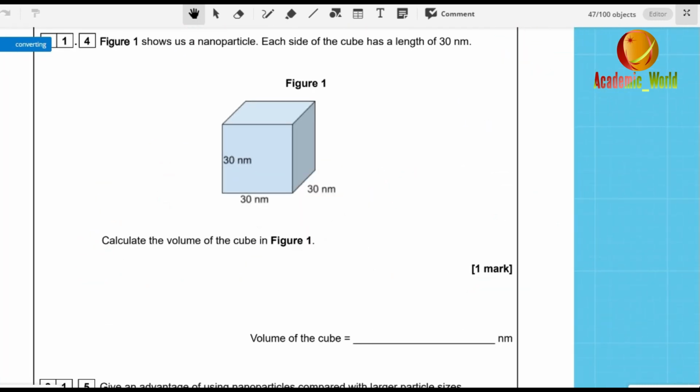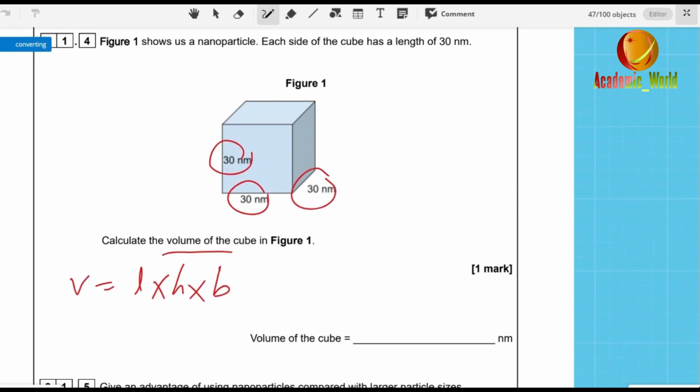Now the next question. Fig 1 shows a nanoparticle. Each side of the cube has a length of 30 nanometers. So you can see here, calculate the volume. You know that the volume is equal to length times height times base. So basically you have to multiply all of them.